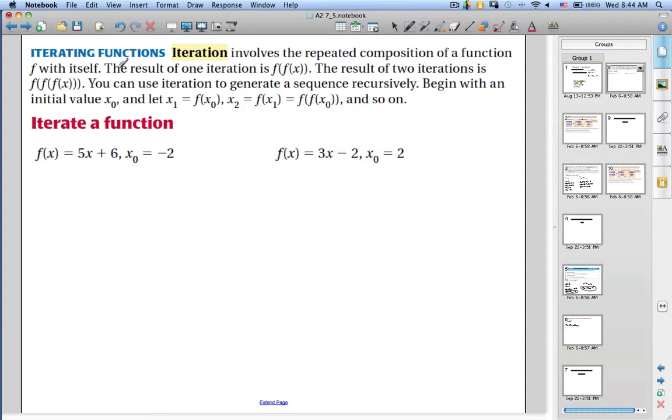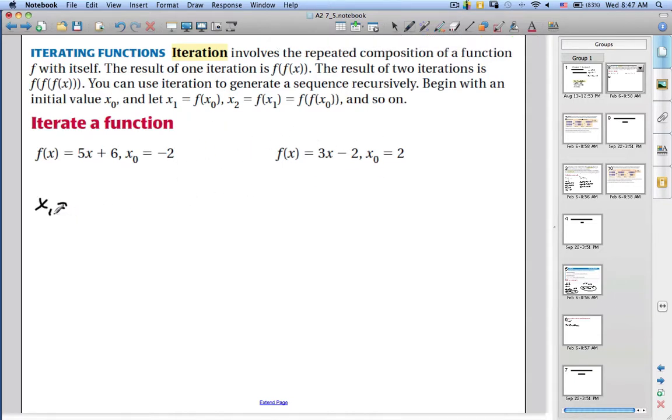I'm really doing the composite of a function as I find each term. So if I wanted to find specific terms, all you're really doing with a recursive rule is plugging outputs back into the function over and over again.